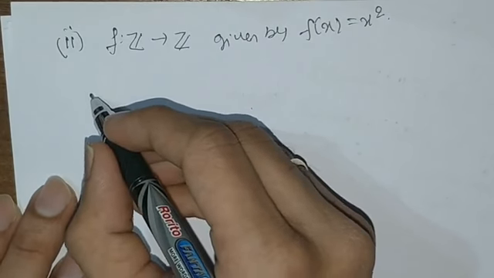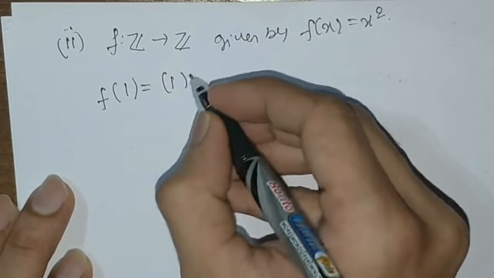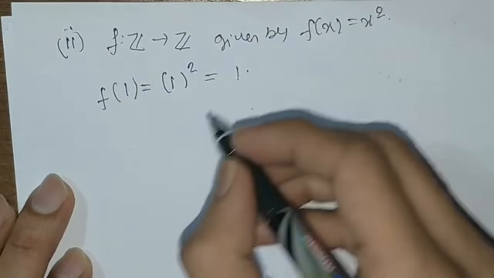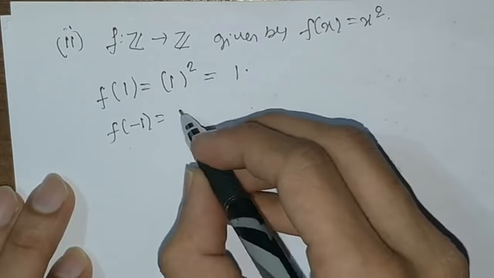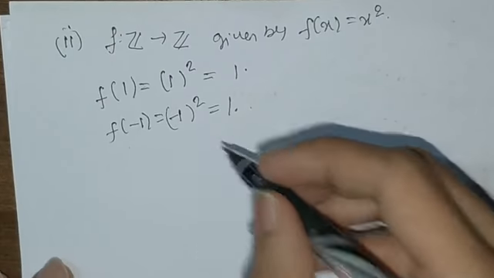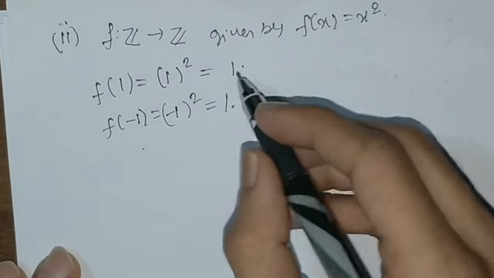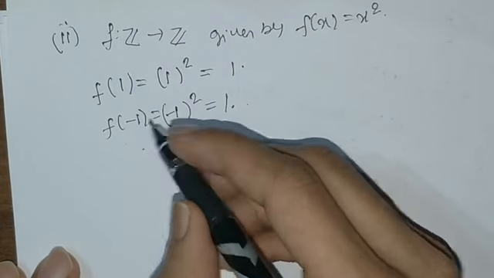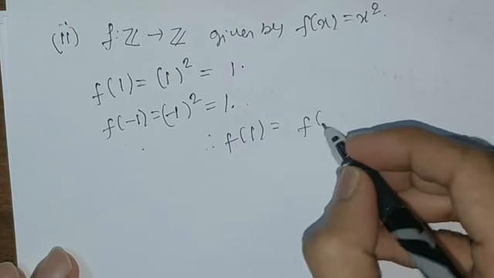Now you can see that f at 1 is nothing but 1 square, which is 1. Then f at minus 1 is minus 1 the whole square, which is 1, right? So you can see that these elements are different, but f at 1 is equal to f at minus 1.